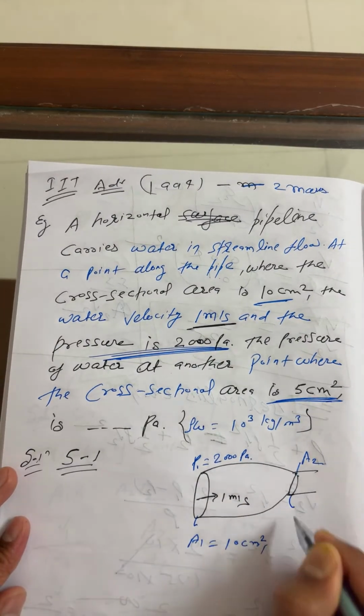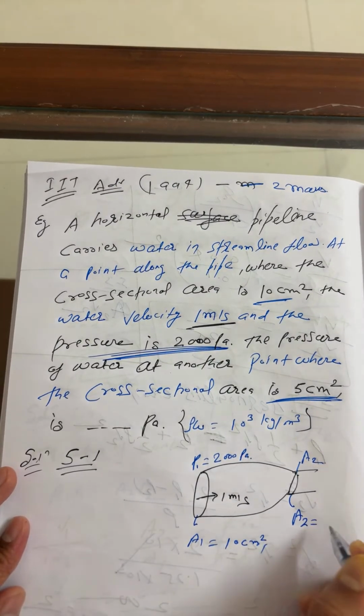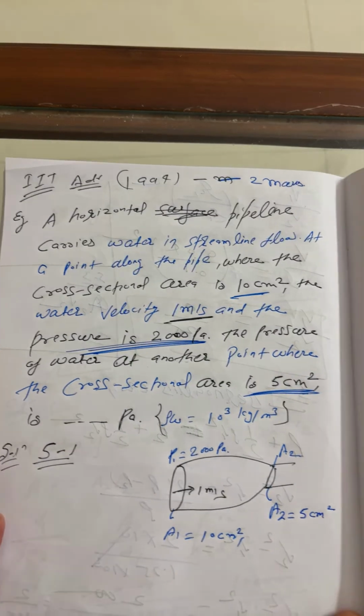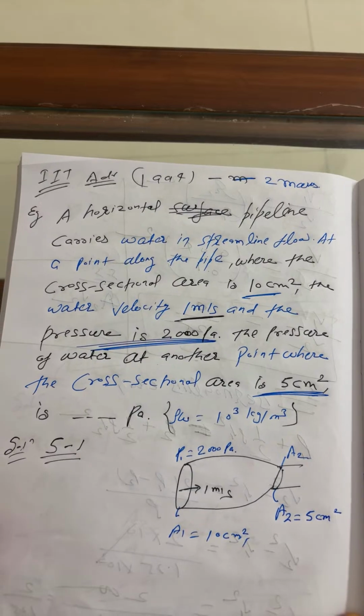A2 is 5 centimeter square. It's a pretty easy question.